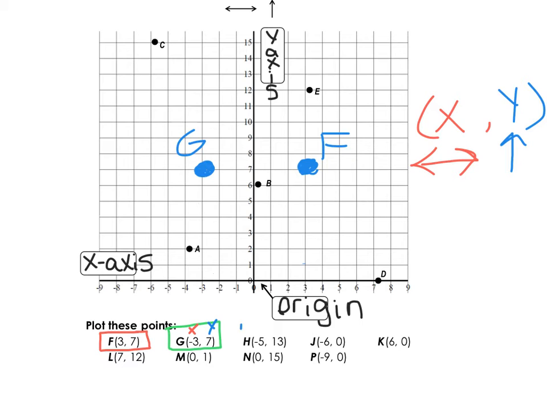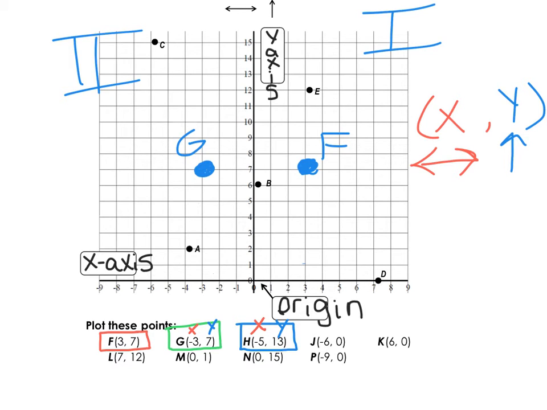All right, now let's look at H. Remember, we're always going to look at our X first, our left and right, and then our Y is up and down. But today we're only going up. We're only practicing quadrants 1 and 2. So we're going to always start at our origin. We are going to go to the left, because it's a negative number.